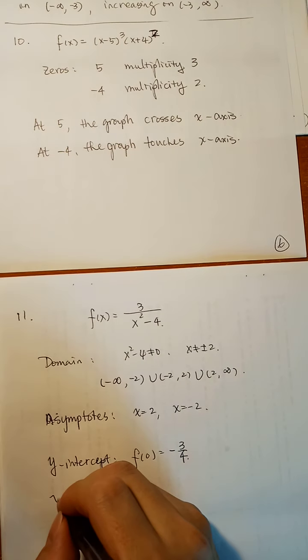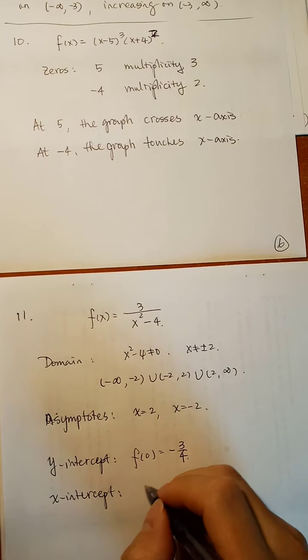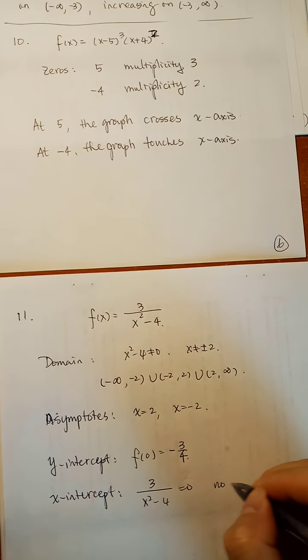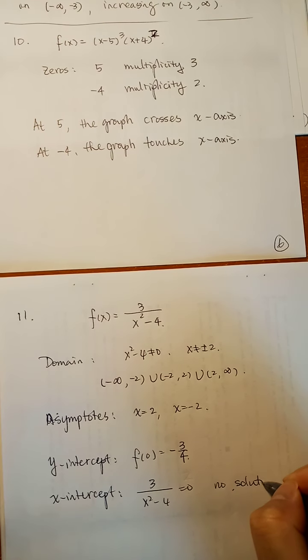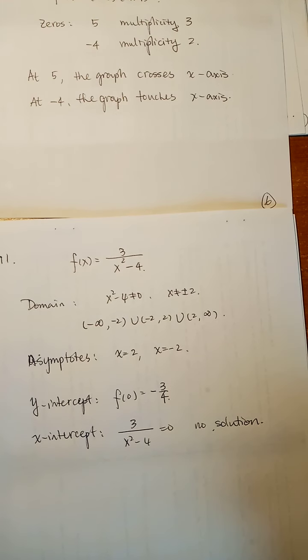That's the y-intercept. X-intercept: 3 over x squared minus 4 equal to 0. No solution. So there's no x-intercept.